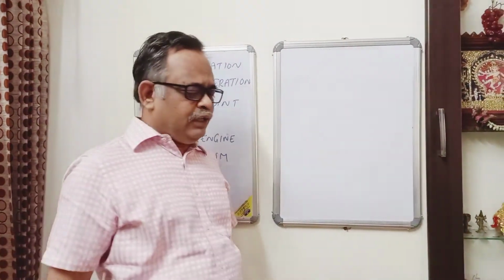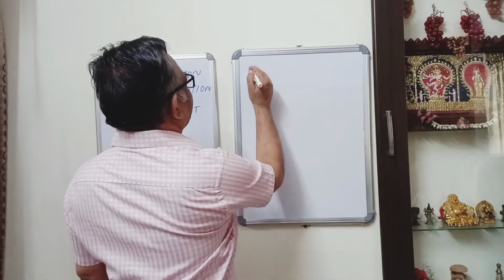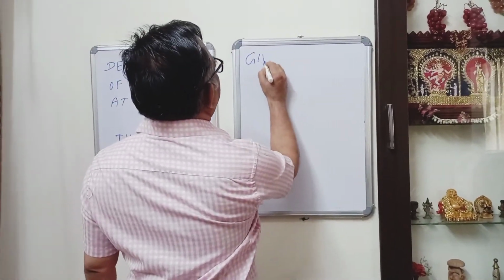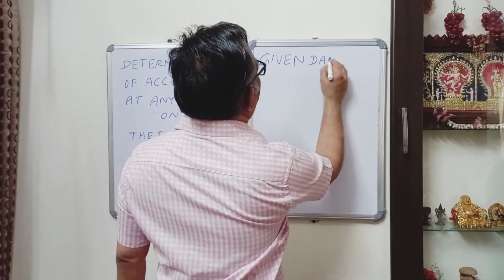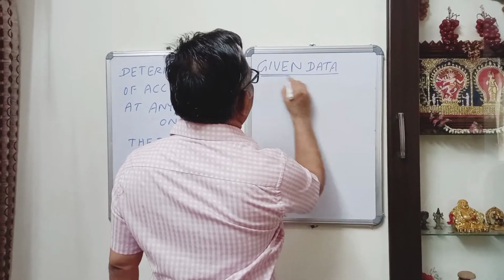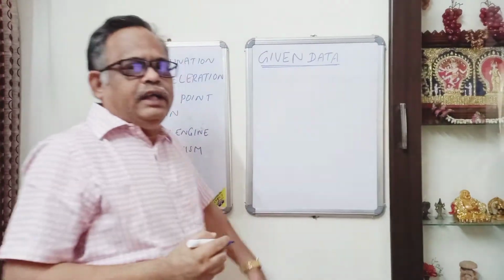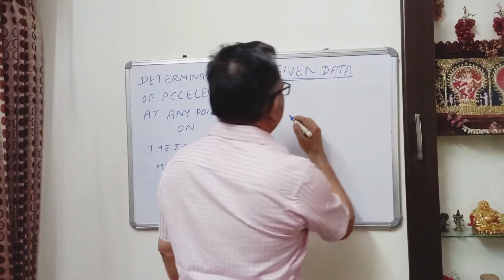For this, let's assume the given data. This data will be given. With this data only, we will be finding the acceleration of any point on the IC engine mechanism.